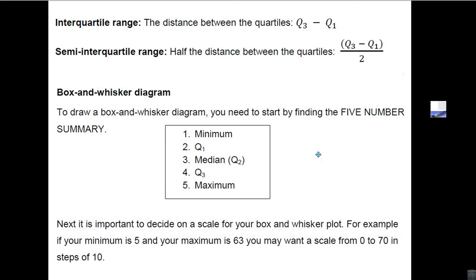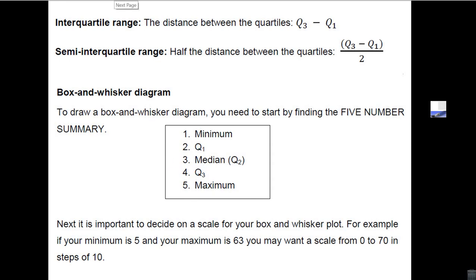Well, what's a box and whisker diagram? All you do is you spread this data out: the minimum, the first quartile, the second quartile or median, the third quartile and maximum. You just put it on a number line with a box between the first and the third quartile.